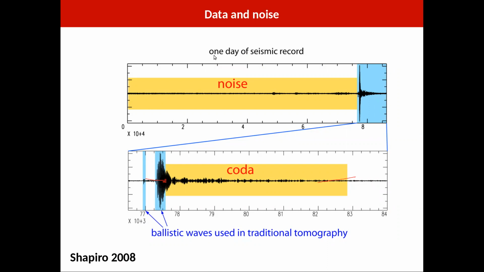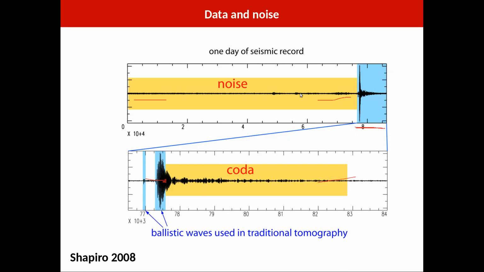If we look at a 1-day record of a seismic section, you see that the majority of the record is made up of noise, and just a small part of the data is an earthquake, because earthquakes are infrequent. Most of the time, we're just interested in this part of the seismic record, which we call data. And there is a huge amount of noise that we usually throw away.